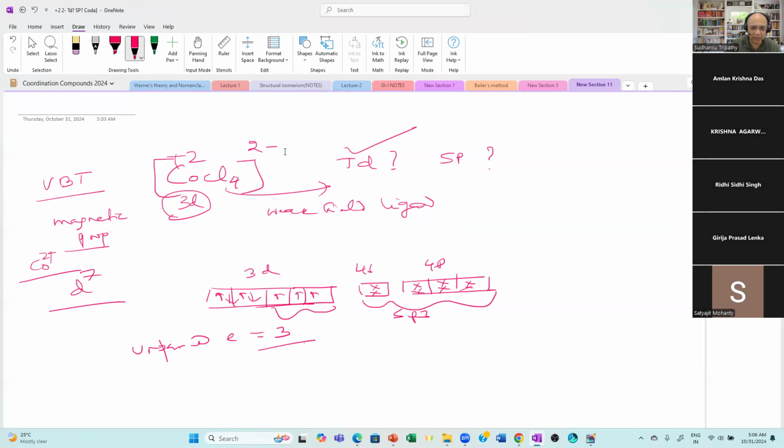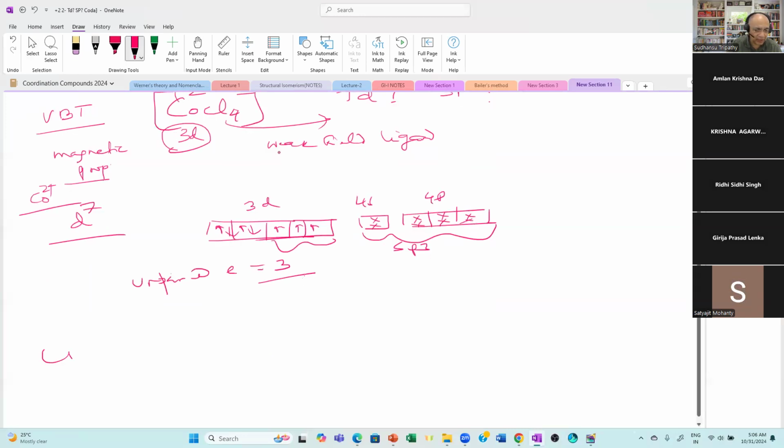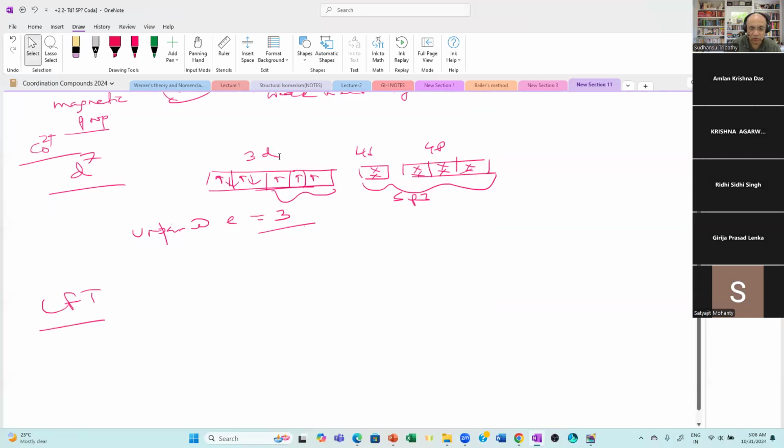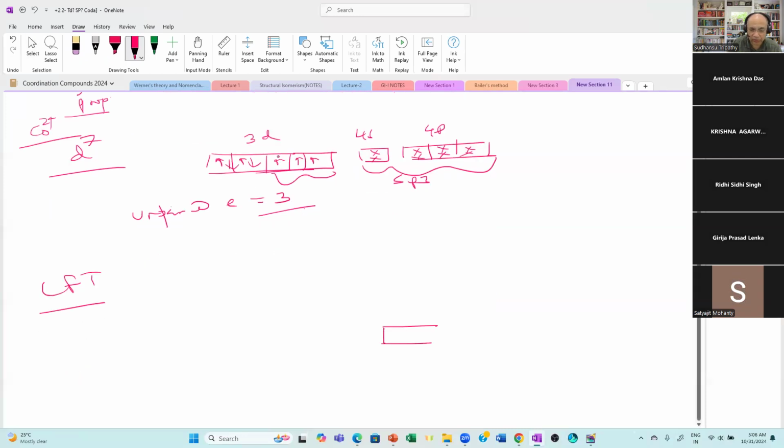Had it been CFT, it is t2g up, e g down; sorry, e is down, t2 is up, and this delta t is very small, so therefore it will form a high spin complex, same, Hund, Pauli. So same 3 unpaired electrons.